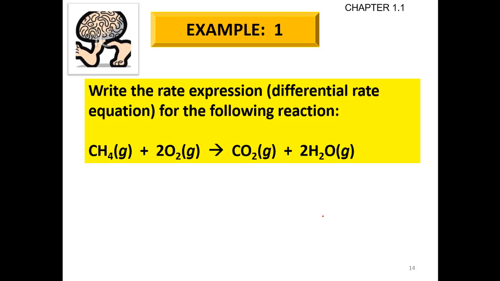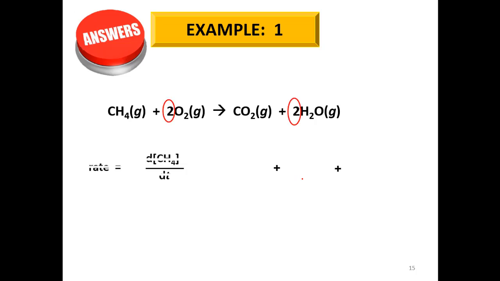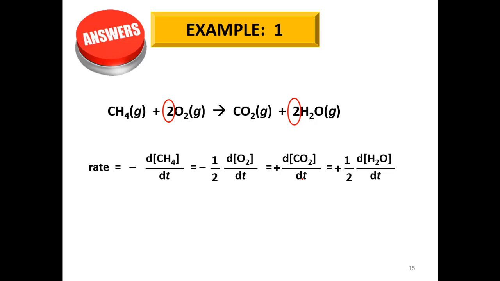Okay, so let's have a look at this example. Dia suruh tulis differential rate equation. Sama je macam example sebelum ni, just tengok ada berapa mole dekat depan, and then kena tentukan siapa reactant dan produk. Cara penulisan dia sama sahaja. You boleh samakan semua, rate sama dengan kita punya reactant dan produk.